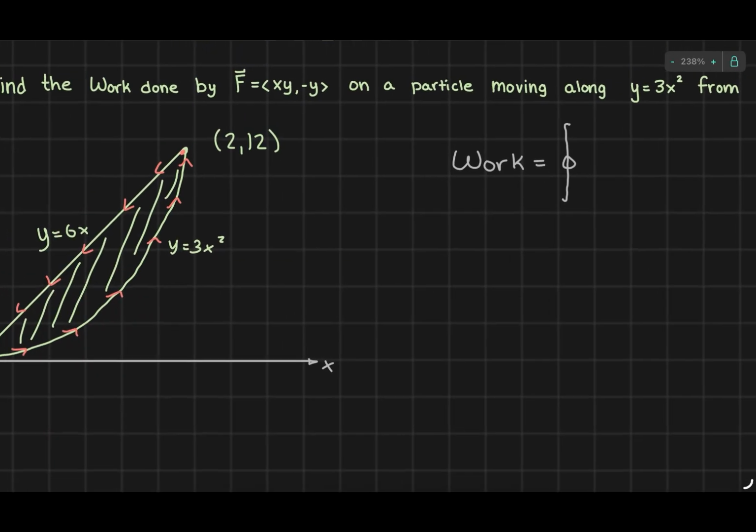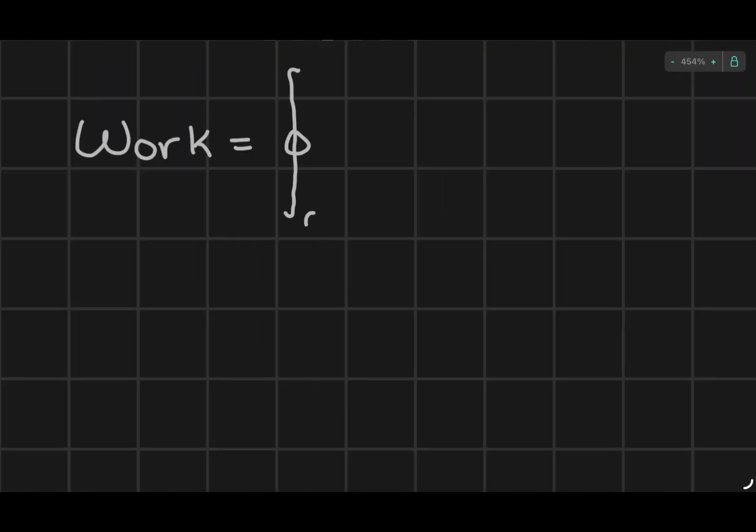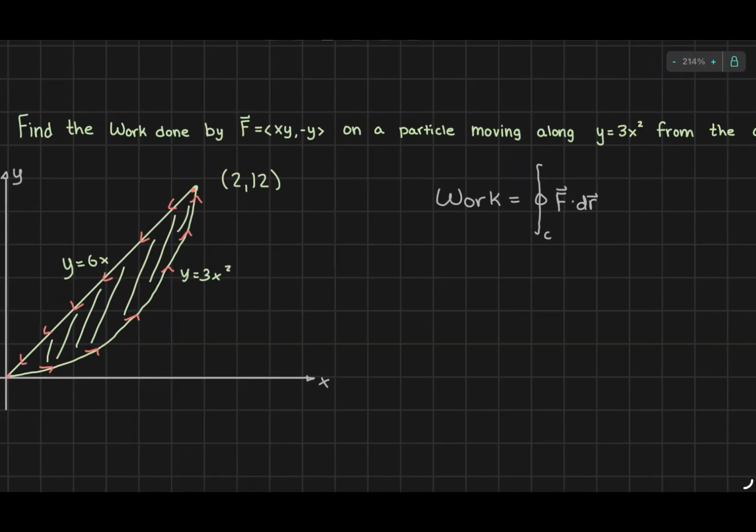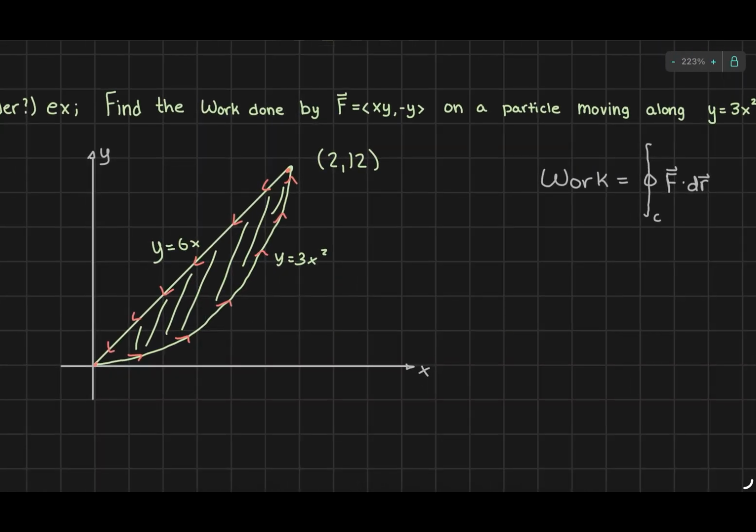This is closed, therefore I added that little circle, along some path C of our vector field F dotted with dr. And I just want to make a note of something really quickly here. If we were to do a line integral here, we would actually have to have two different line integrals, because we have one function representing y is equal to 3x squared.